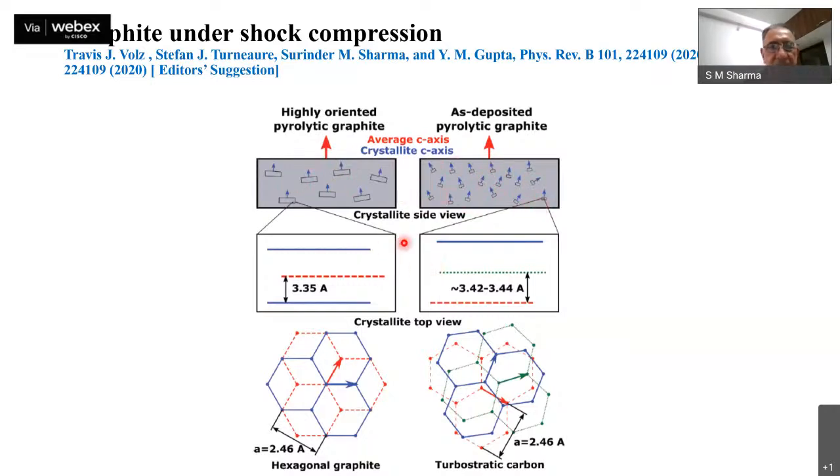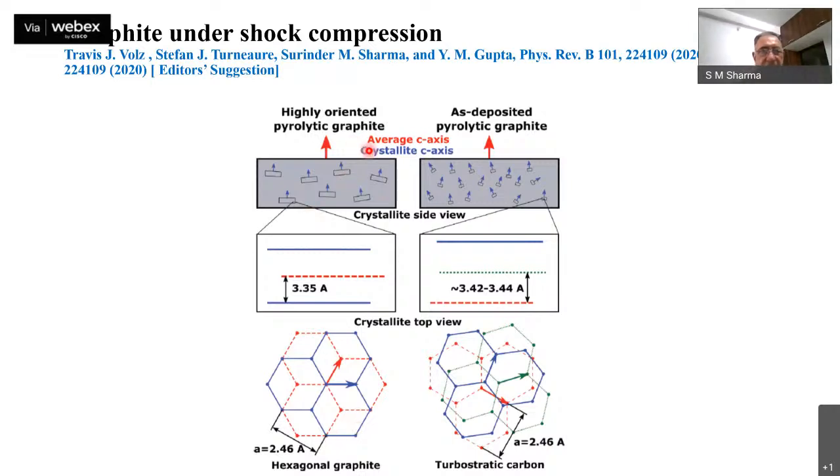And this actually shows up also in terms of the average interplanar spacing of the graphite layers. If it is very well ordered, it's about 3.35, and when it is highly disordered, it tends to get close to 3.44. What's interesting is that these macroscopic features also show in the microscopic features.